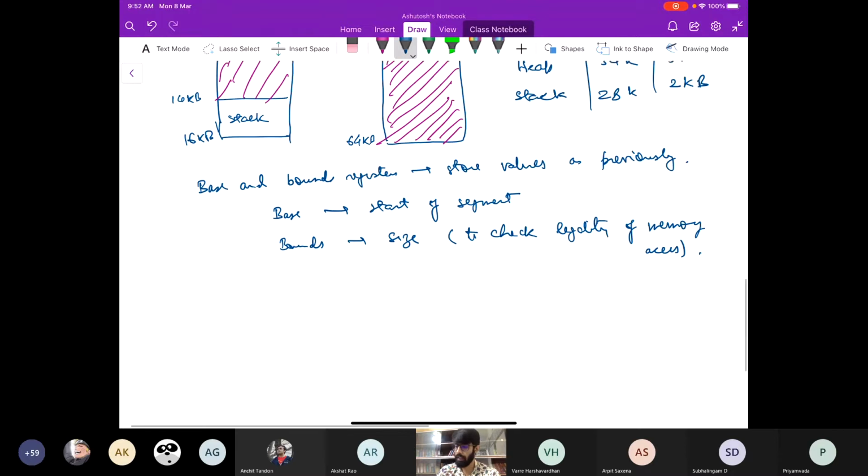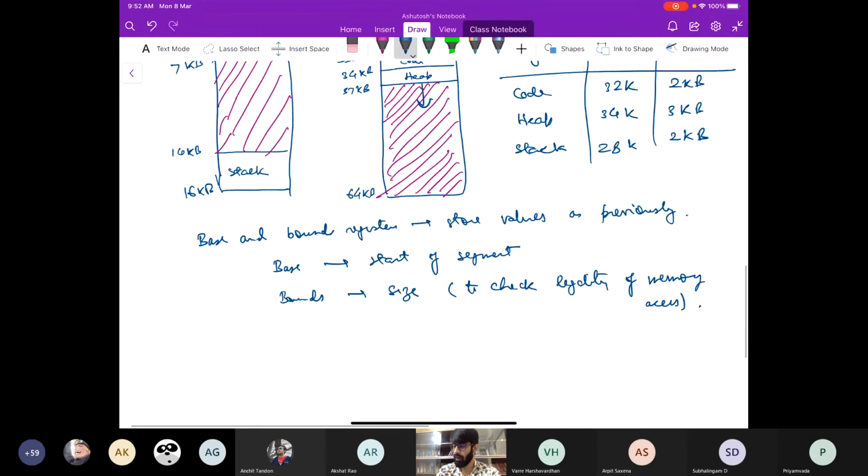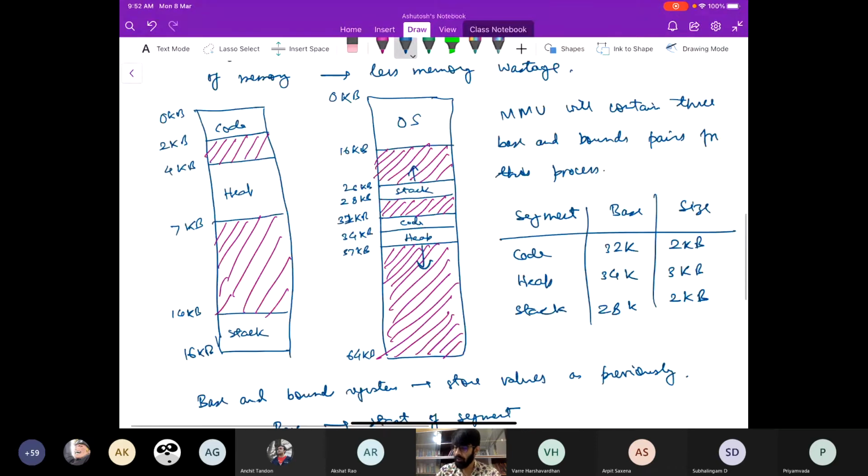So, for example, let's say a virtual address comes of 100. Okay. So a memory reference to virtual address 100. So this is going to be, so 100 will be where?